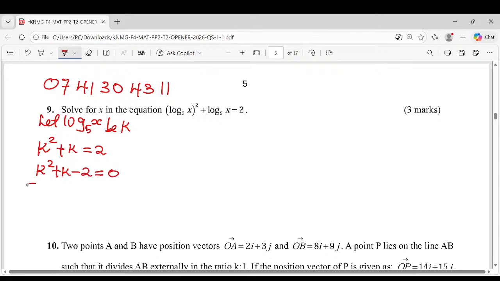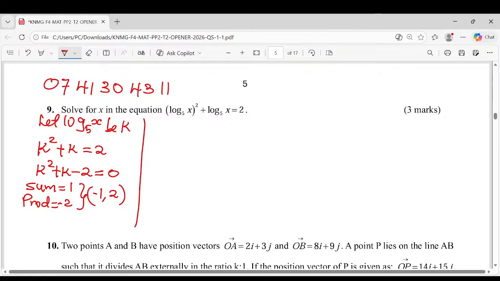So I'm going to look for two numbers whose sum is 1 and whose product is -2. So what are the two numbers? The sum is 1, the product is -2. So this should be -1 and 2, such that the sum is 1, but the product is -2.